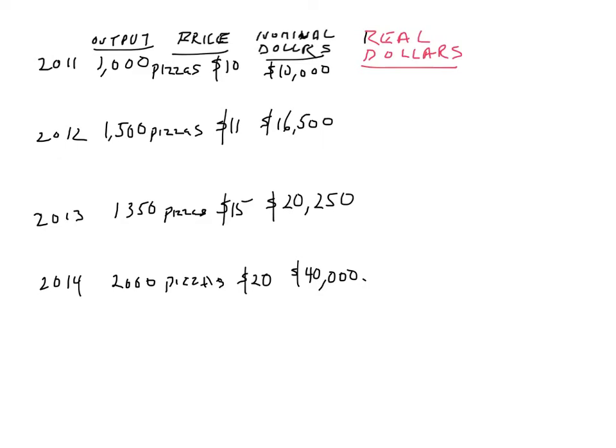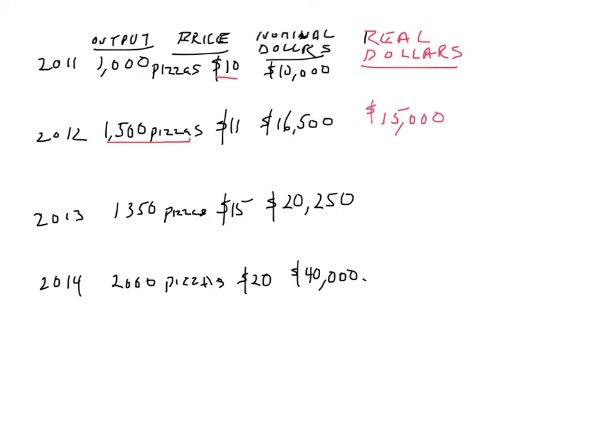Well, what we do is in 2012, when prices go up, if we want to put that in the same terms as 2011, we use the 2011 prices. So we take the 2012 pizzas, but multiply that by the 2011 prices. So in real terms, we get 1,500 times 10, which is $15,000.